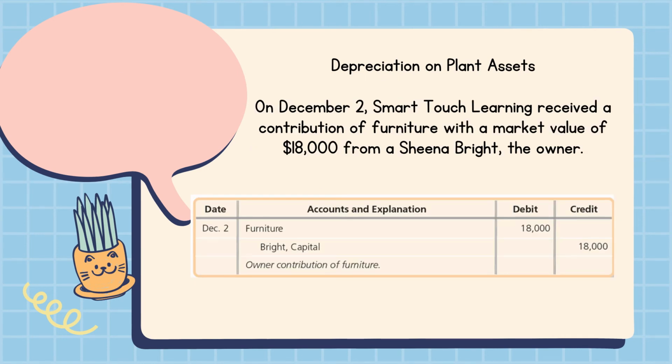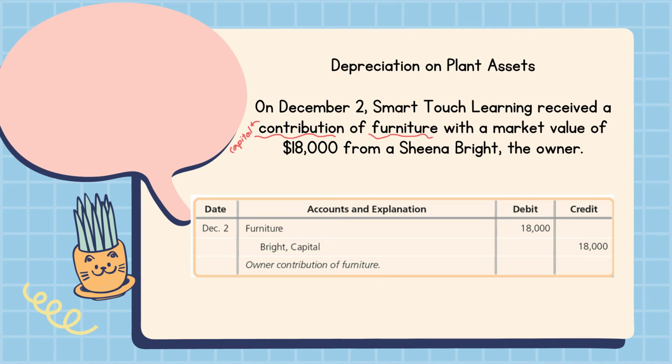Now, on December 2nd, Smart Touch Learning received a contribution of furniture with a market value of 18,000 from Sheena Bright, the owner. So in this example, he's saying that the owner contributed furniture instead of cash. So they increased the capital of this business by adding furniture to this business, not cash.